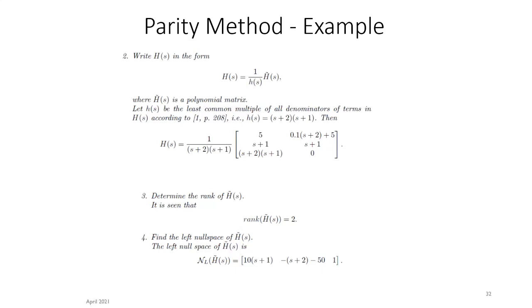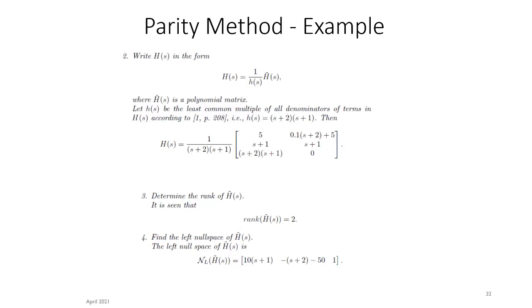Just notice the middle element. In the first column, you have S plus 1. In the second column, also you have S plus 1. It means that if there was a gain, it should have been 1. But if you multiply 5 by 1, you don't get this value here, which means that it is obvious the rank is not 1. Therefore, the rank is 2 because the matrix is 3 by 2.